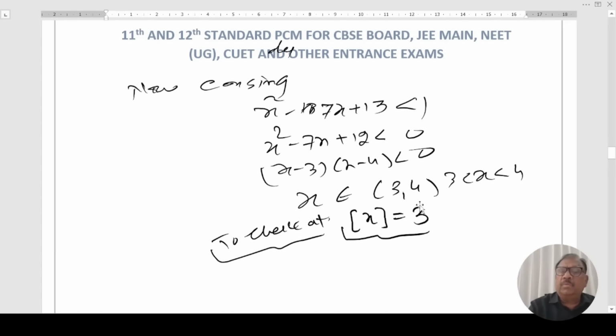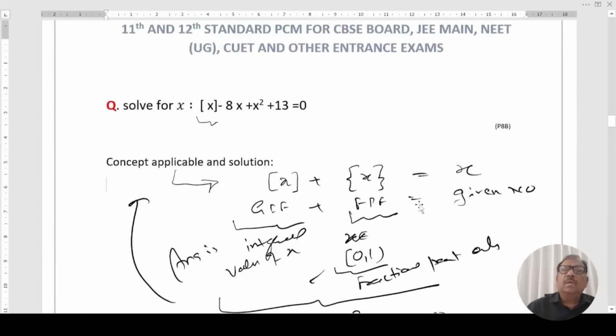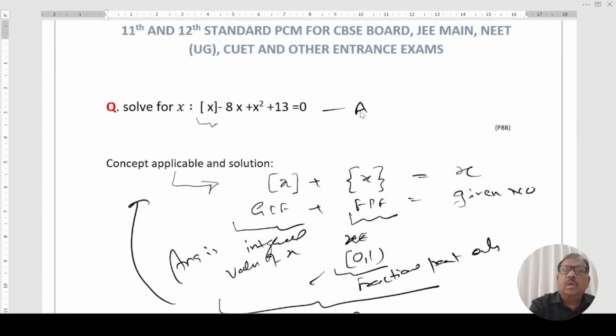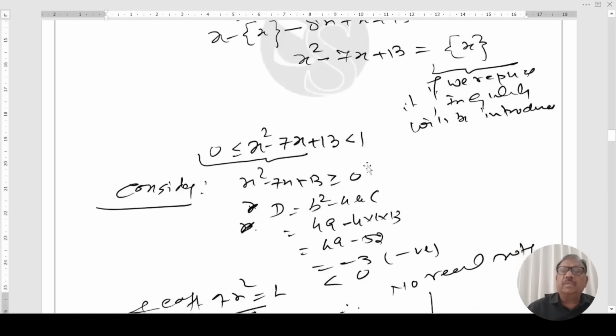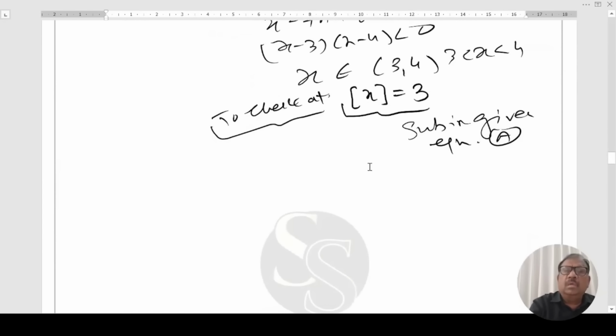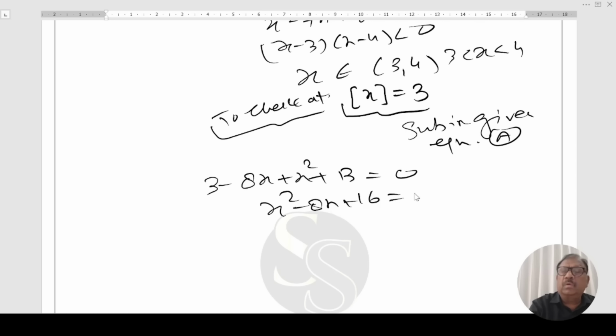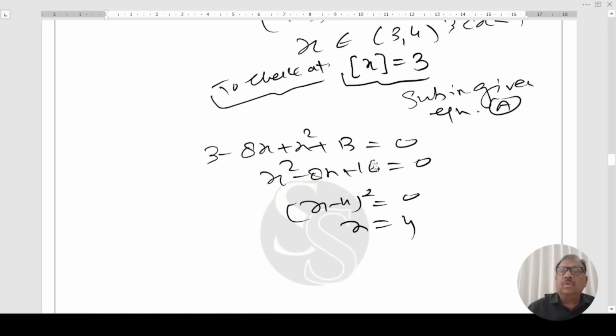To check, substituting in the given equation, equation A: 3 minus 8x plus x square plus 13 equal to 0. x square minus 8x plus 16 equal to 0. (x minus 4) whole square equal to 0. x equal to 4.